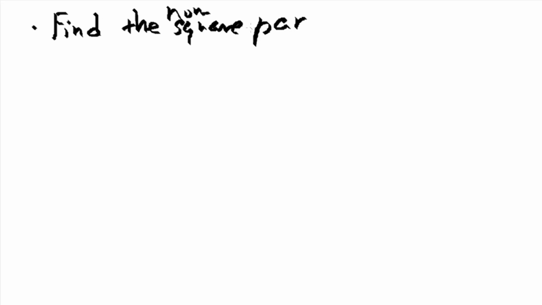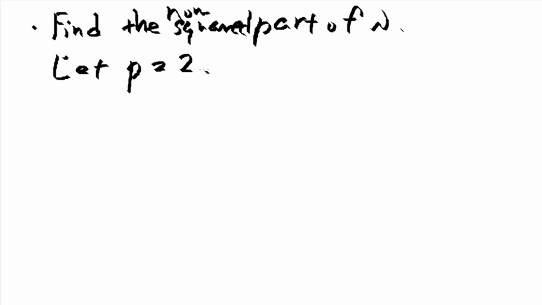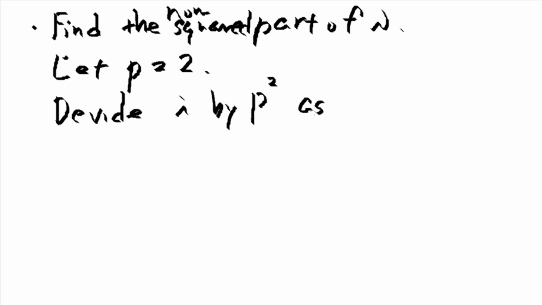Actually, the way: first, let p equal 2 and divide i by p squared as much as possible.